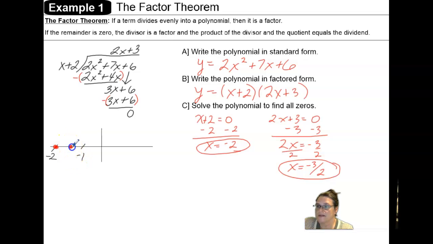So there would be my second 0, and it's also going to cross there. The leading coefficient is positive and the degree is even, so I know my end behavior is going to be both ends pointing up, and this will then make a parabola or a U-shaped graph. That's a little rickety, but you got the idea. So my parabola is opening up and passing through x-intercepts at -2 and -3/2.